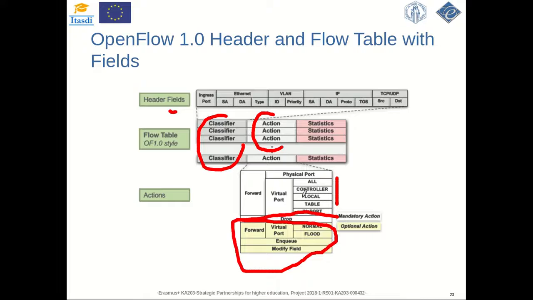Those actions are forward, virtual ports, on which virtual port to be sent, controller, local table, etc. And also you should save some statistics and logs about the flow table.